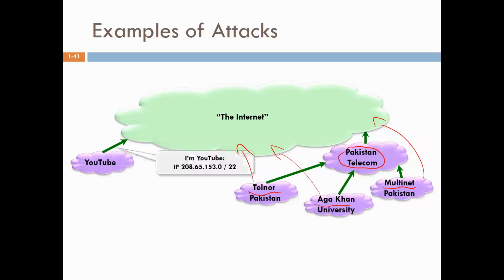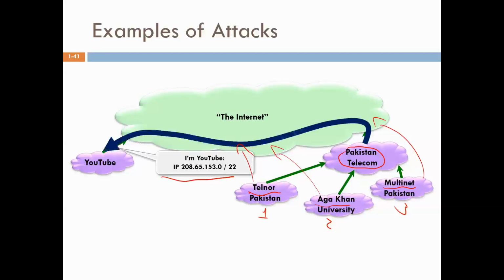Basically, the idea was YouTube announces its own connectivity. So let's say this is the autonomous system that is responsible for YouTube. It announces its connectivity. Whenever one of these three autonomous systems wants to send an HTTP request to YouTube, they will find the shortest path, which is typically through the Pakistani telecom.